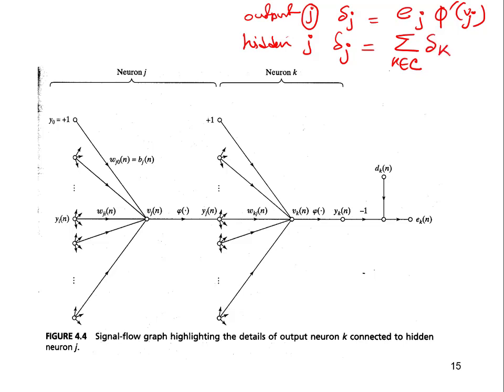So delta k and w of kj, that means directly connected with the layer that is connected with the jth layer.